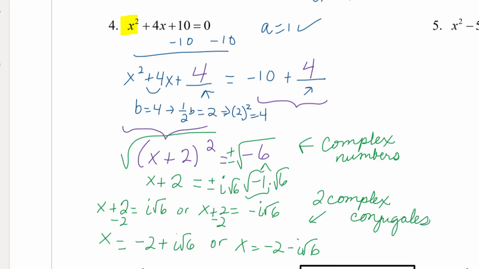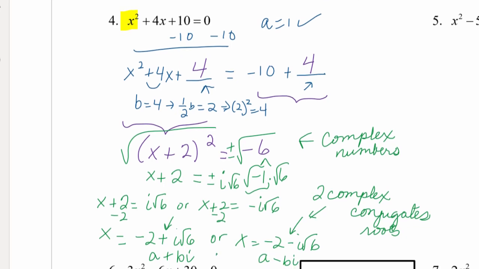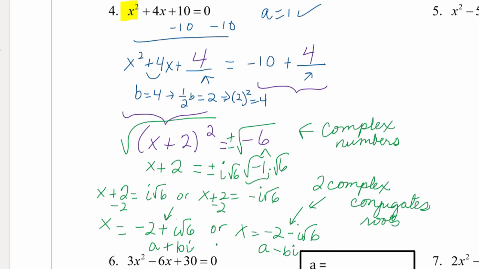They're conjugates because these two signs in the middle are opposites. So we have a plus bi here, I put the i in front though, right? And we have a minus bi here. These are complex conjugates. Okay.